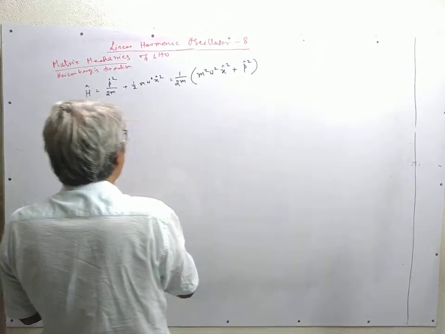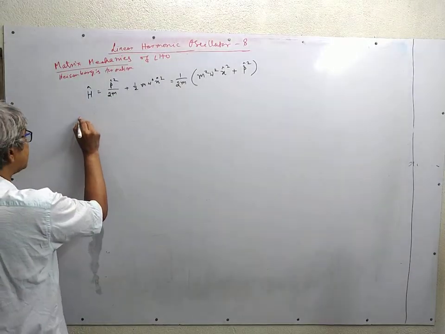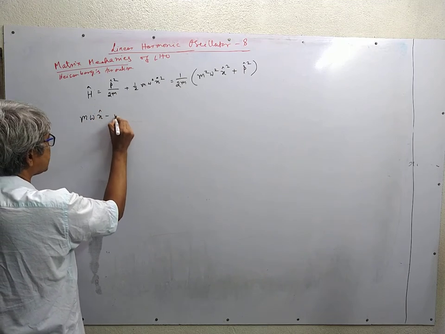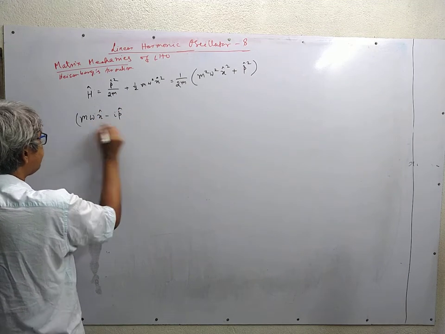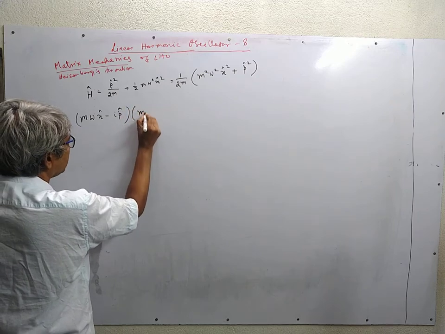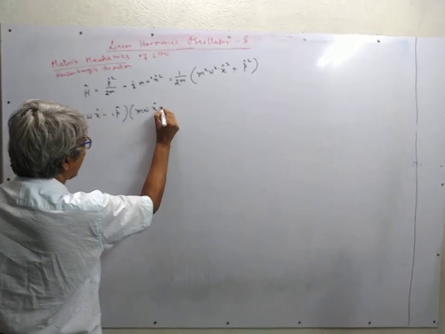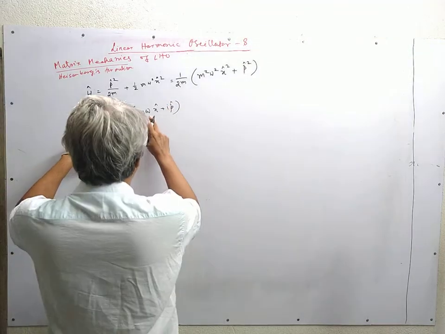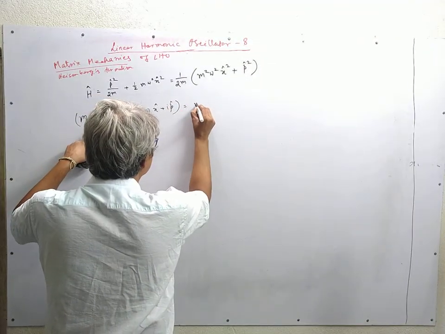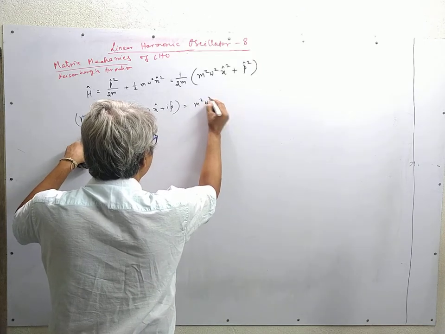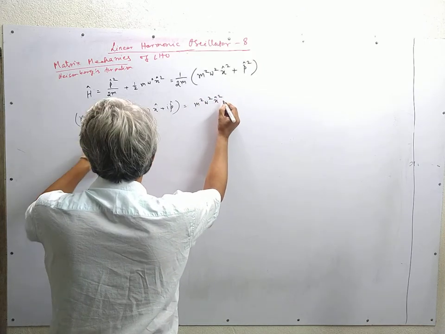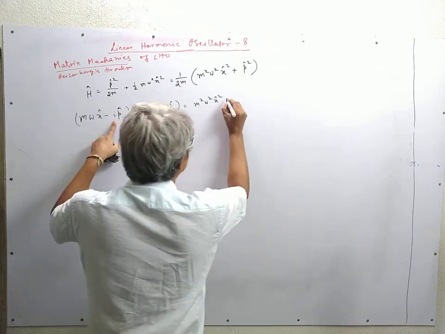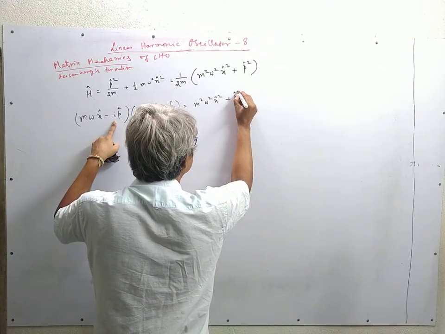Keeping this in mind, we calculate the quantity (m omega x minus ip) times (m omega x plus ip). The first term, when multiplied, gives m squared omega squared x operator squared. Then this term is simply p operator squared.